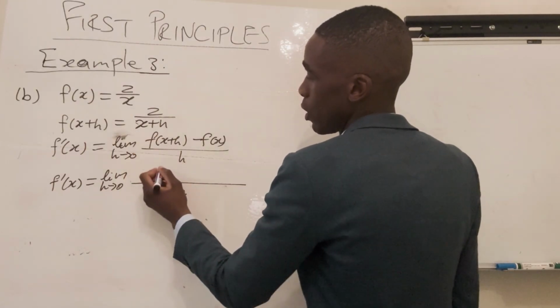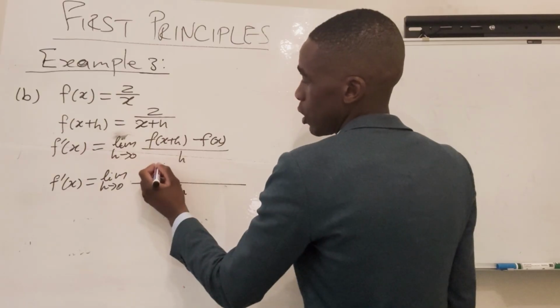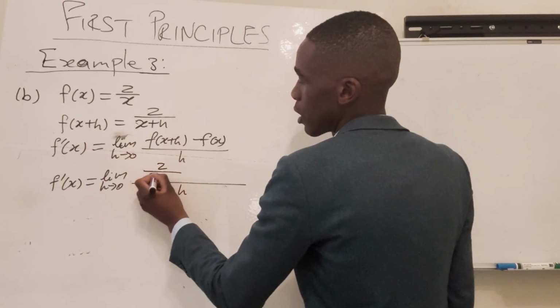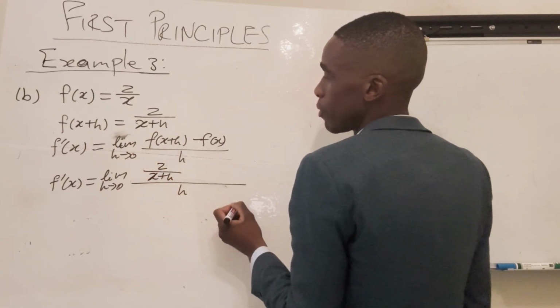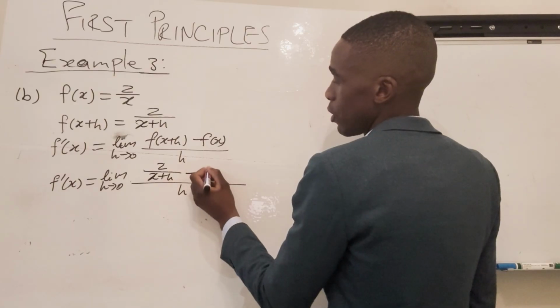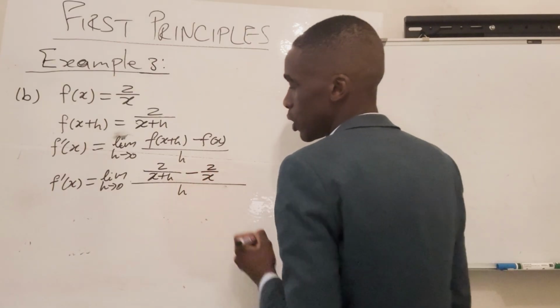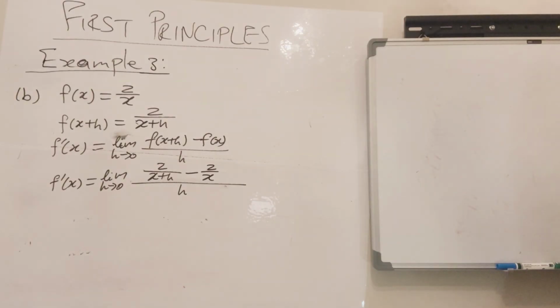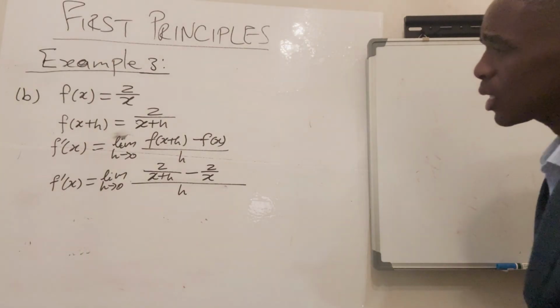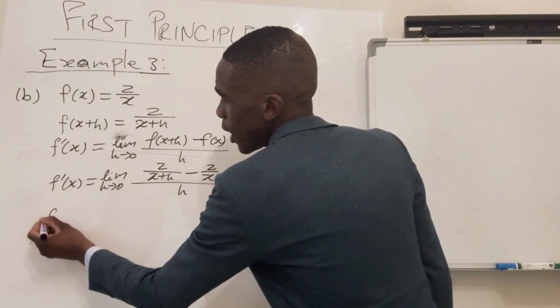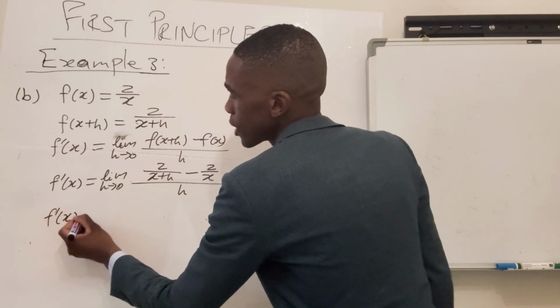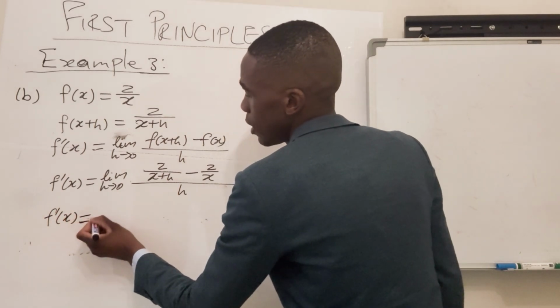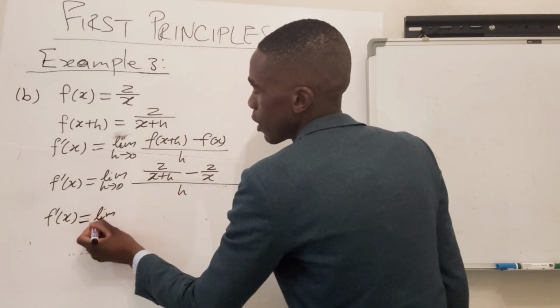The numerator, f of x plus h, is 2 over x plus h, minus 2 over x, which is f of x. Can you see that? Which implies that this is the limit as h approaches 0.